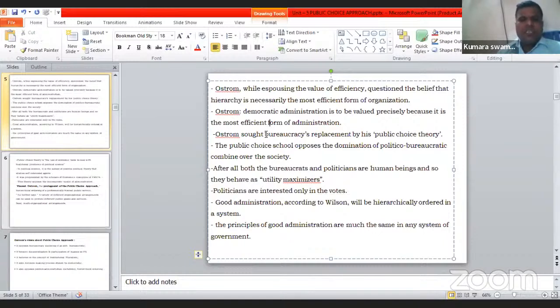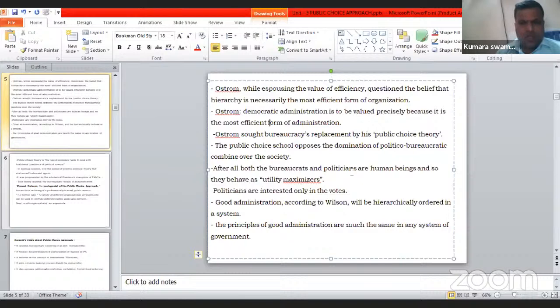So in administration, democratic administration is important. Ostrom sought the replacement of bureaucracy by his public choice theory, because, as I told you, politicians and bureaucrats work for their self-interest in the name of public interest. Due to that, Vincent Ostrom sought to replace bureaucracy with the theory of public choice.